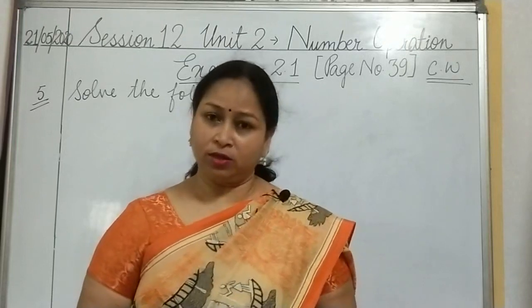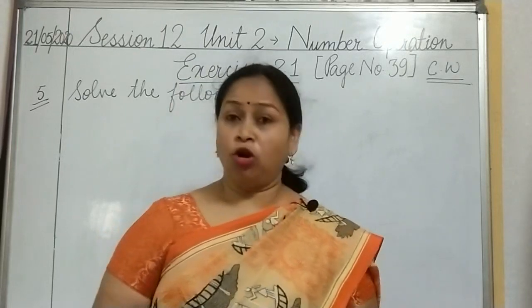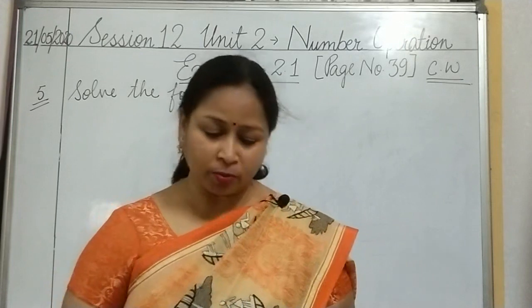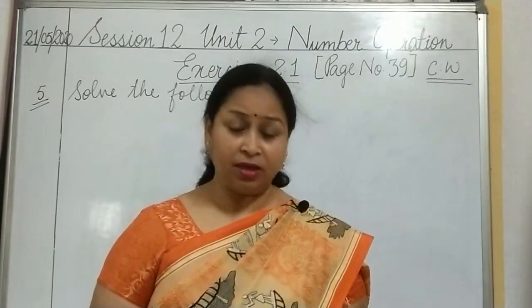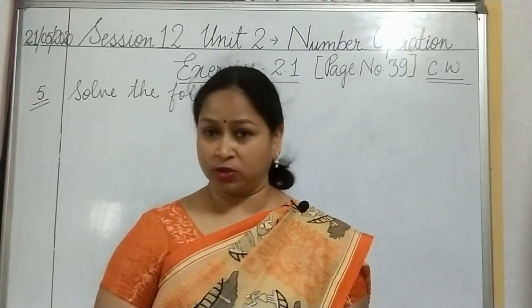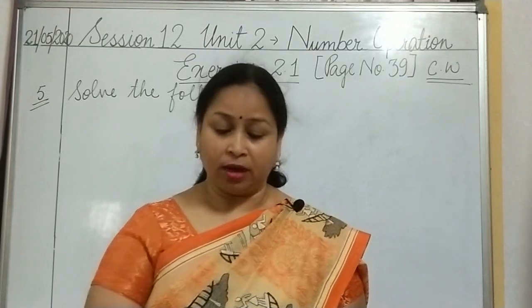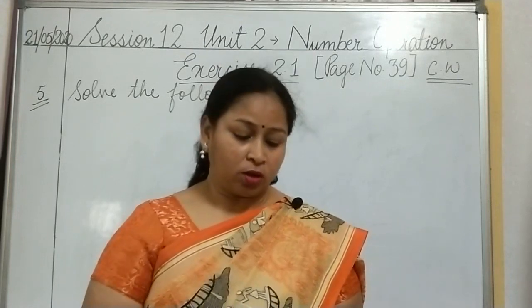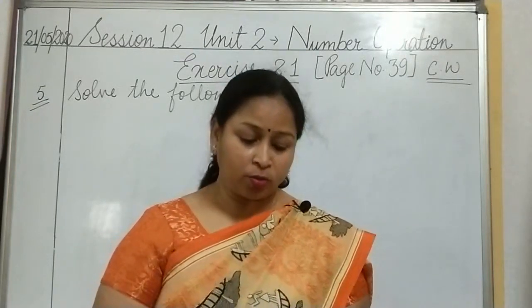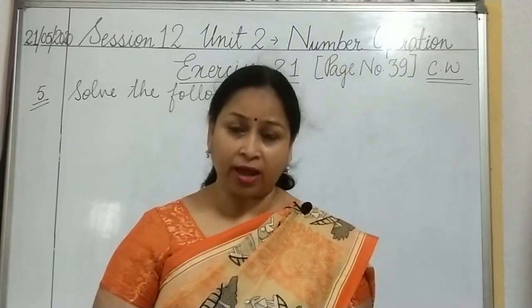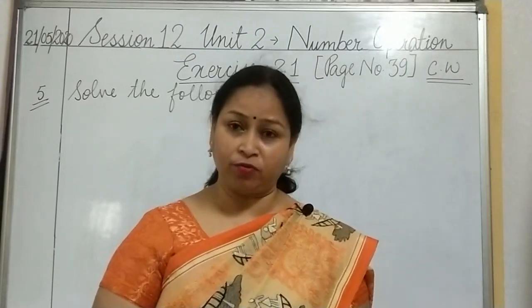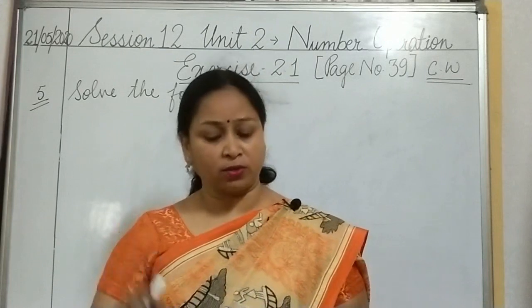Okay. I'll read out the second question for you. An automobile company. What is an automobile company? The company which manufactures motorcycles and other vehicles. So the question is, an automobile company sold 2,76,950 motorcycles in 2010.